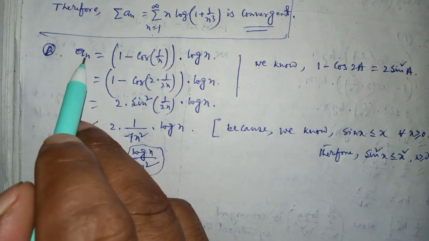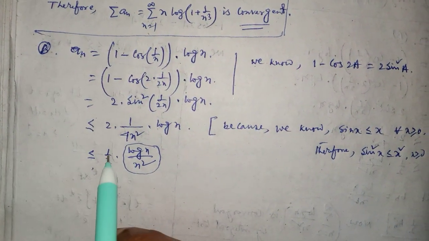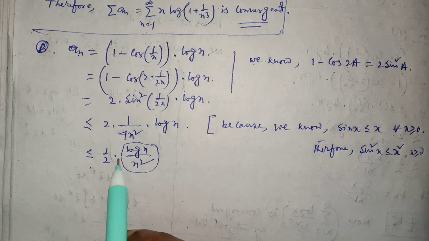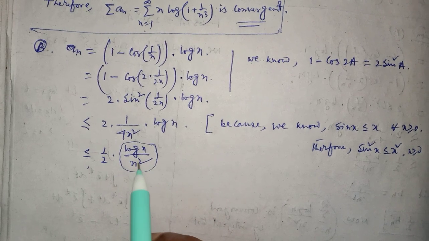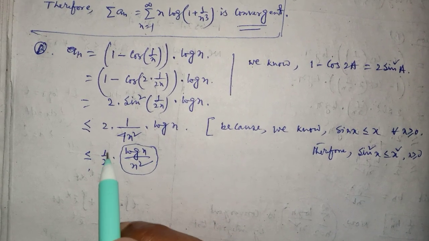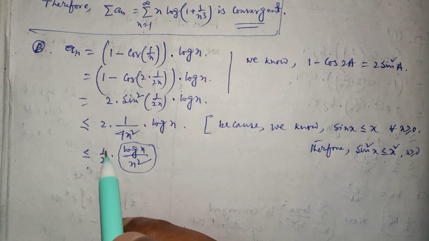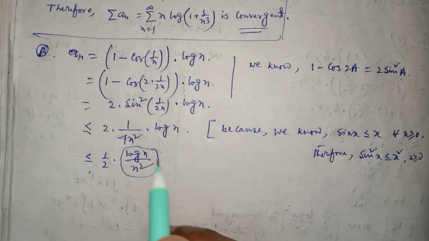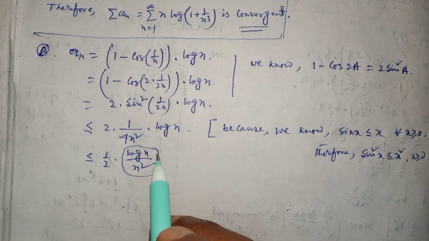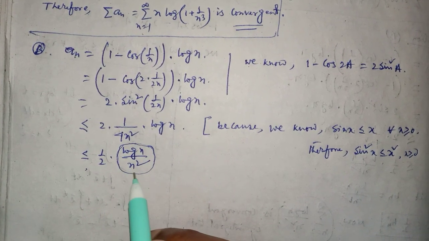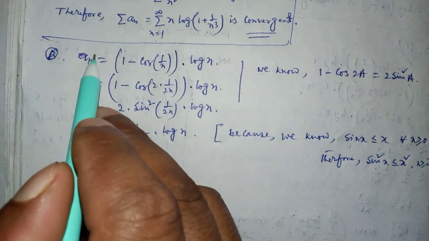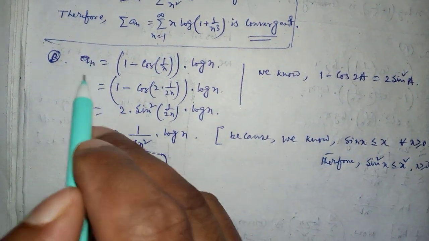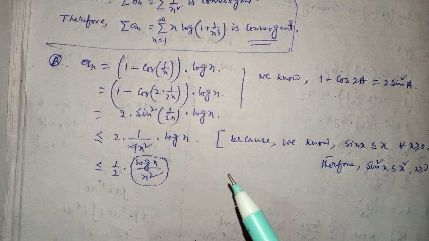So here an is lesser equal to k into log n by n square, Vn, where k is equal to 1 by 2. So by comparison test, if this series is convergent, then the series an must be convergent.